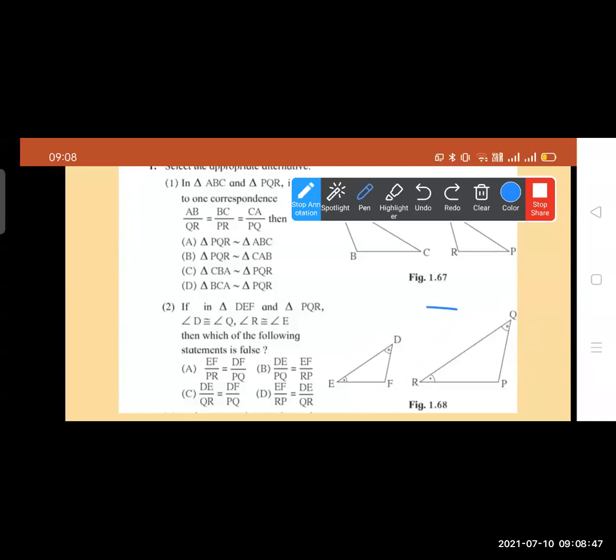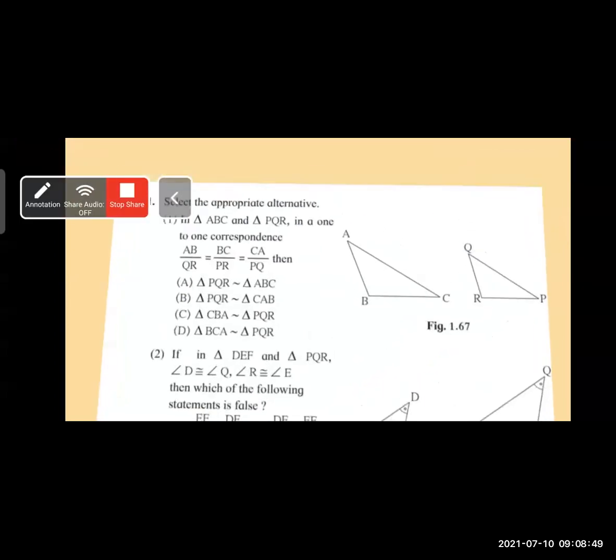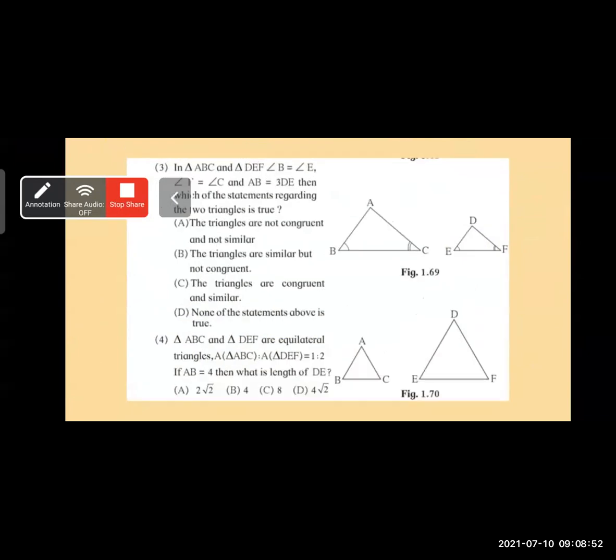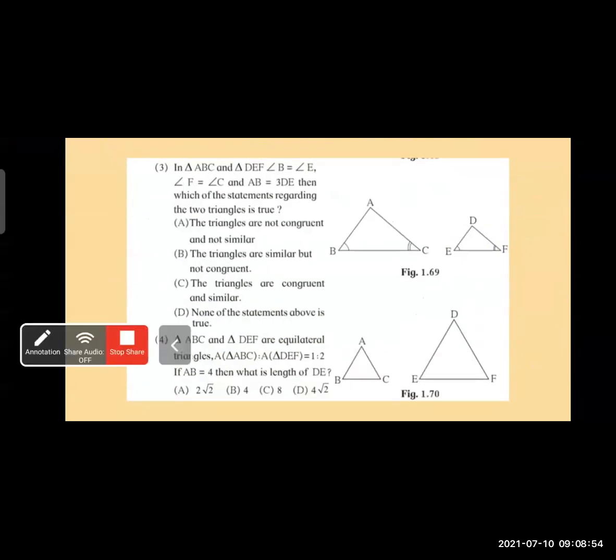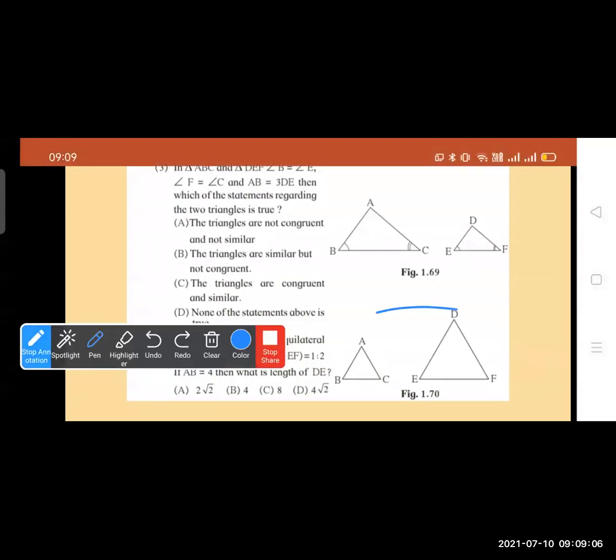Okay. Now, next one. Third question. In triangle ABC and triangle DEF, angle B is equal to E and F is equal to C. So, in this question, B is equal to E and C is equal to F. And AB is 3 times DE. Now, which of the following statement regarding the two triangles is true?